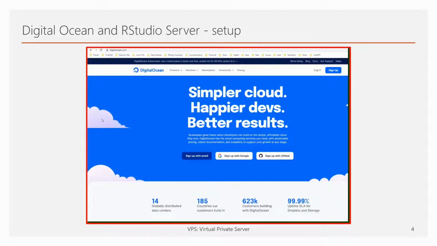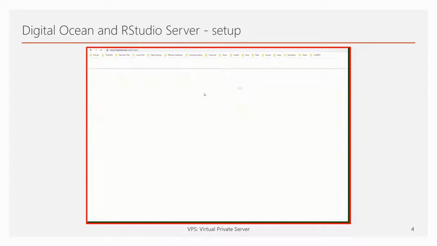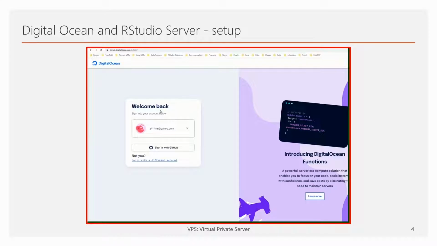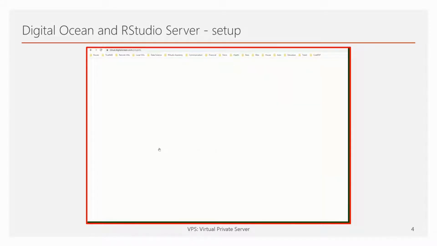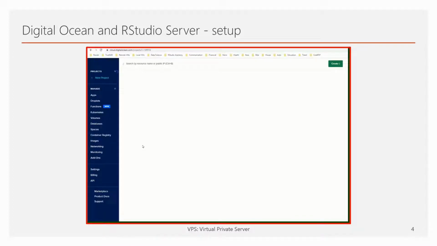You will need to create an account at DigitalOcean. I already have my account created, so I just need to log on to digitalocean.com. For a pre-configured VPS, go to the left-hand menu and select Marketplace.